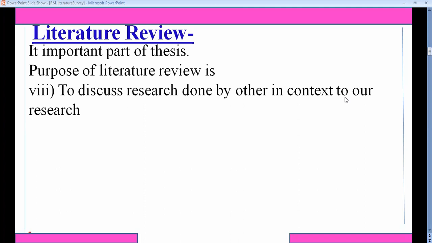So everything comes in the literature. It is a backbone and initial point for our research. So literature review is very important for the success of research, to avoid the mistakes. I will move further.